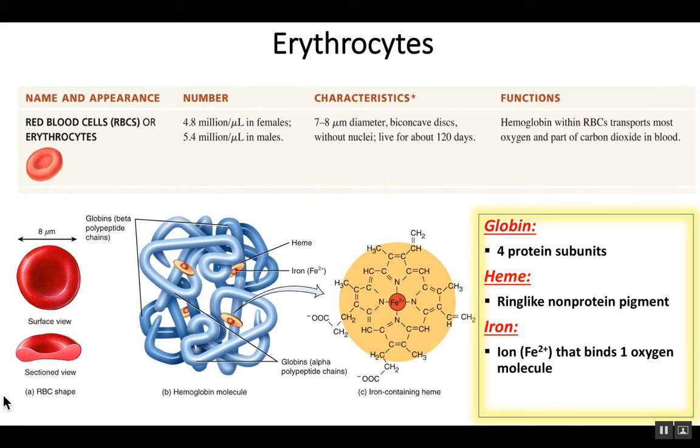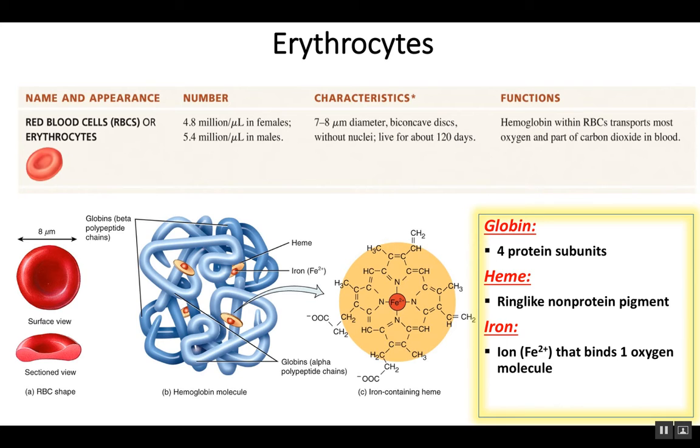Two, it has a very high surface to volume ratio. That allows oxygen and carbon dioxide to enter and exit a red blood cell very efficiently. So red blood cells cannot be spherical because oxygen would not be able to come in and then exit very quickly as they run through capillaries in the body.